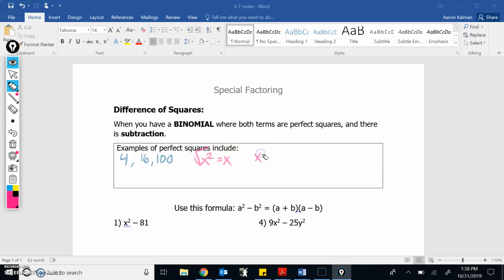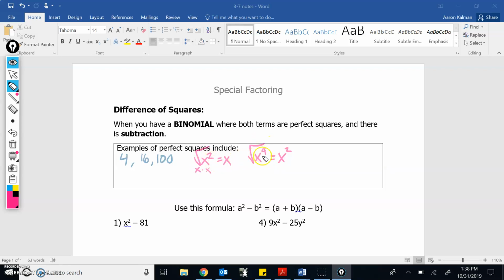We can do x to the fourth power. We can do the square root of x to the fourth to equal x squared. The reason why I know this is because, remember, square root means what number can we multiply by itself to equal the number on the inside. Here we did x times x, made x squared.